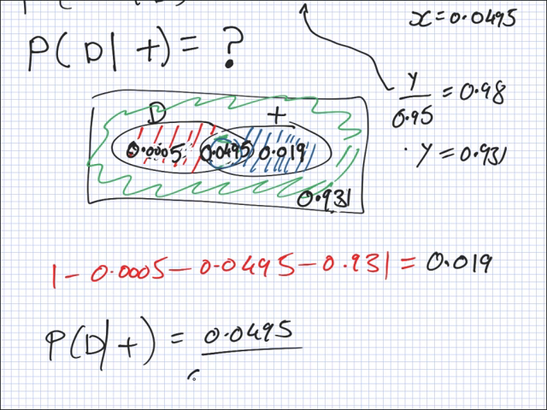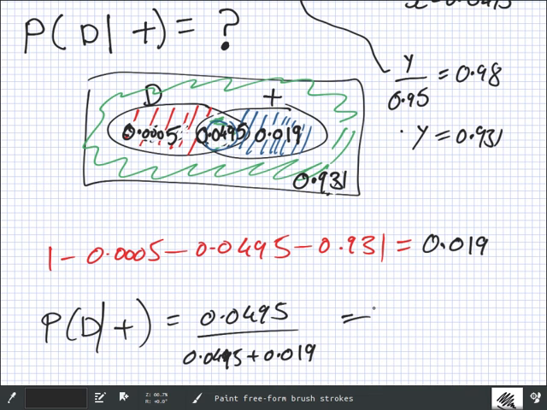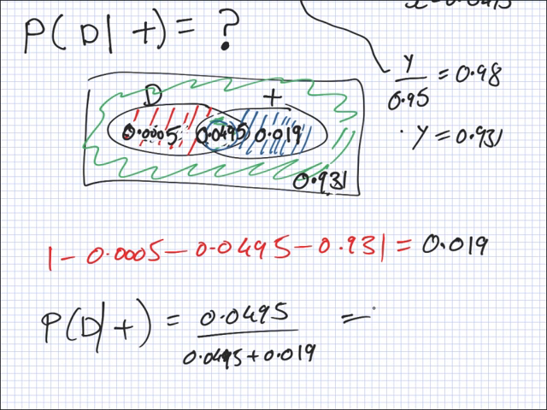And that's 0.0495 plus 0.019, whatever that is. So do you have that calculated, Mo? Horrible number. 0.72262. 7, 2, 2, yeah. 6.